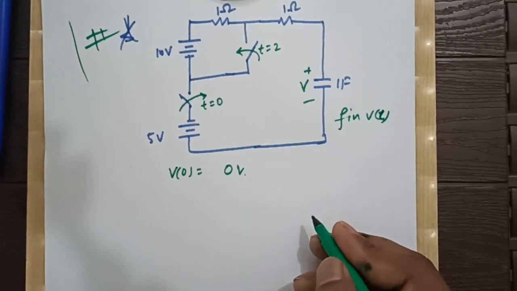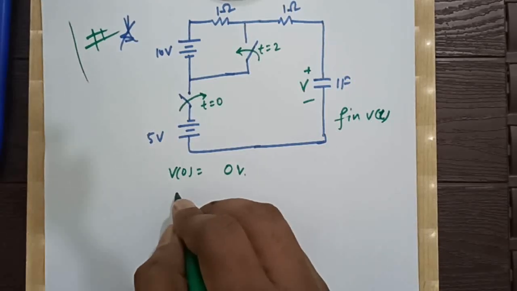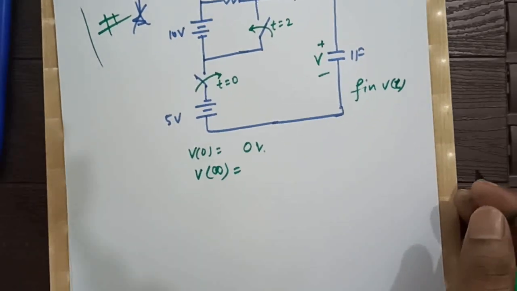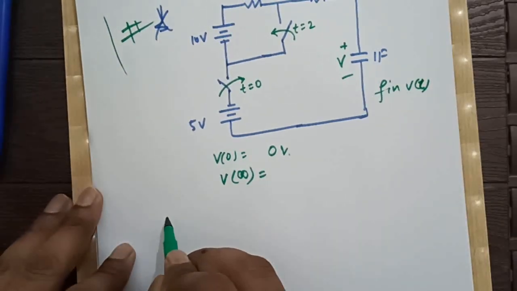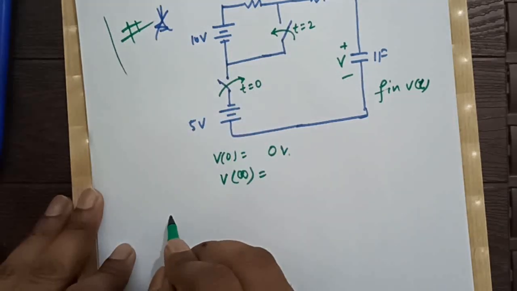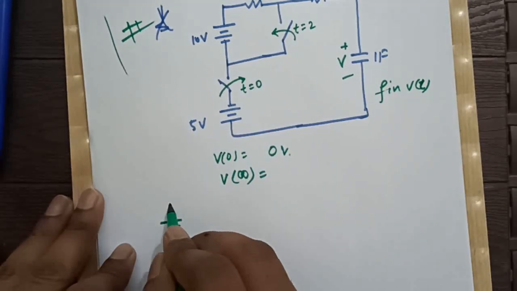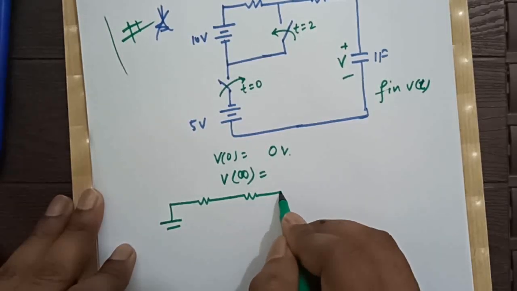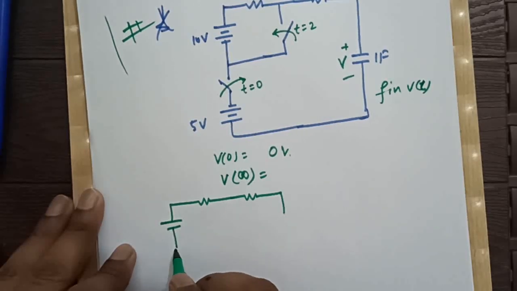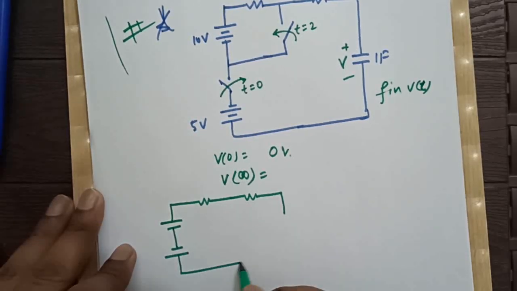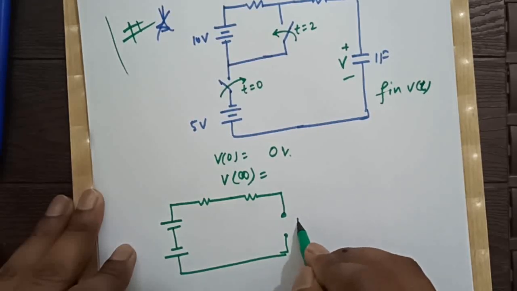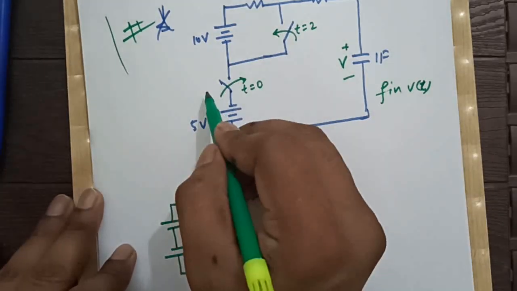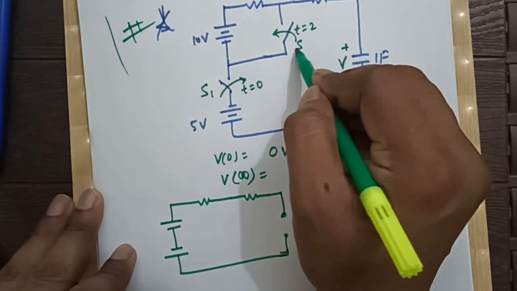Clear? So at time t equal to infinity, V at infinity, what will be the scenario? The scenario will be, this switch is getting closed at t equal to 0, so this 10 volt will be there, this 1 ohm will be also there, this 5 volt will be there, and this is, say, V infinity for the case when switch 1, let us say this is S1 and this switch S2.